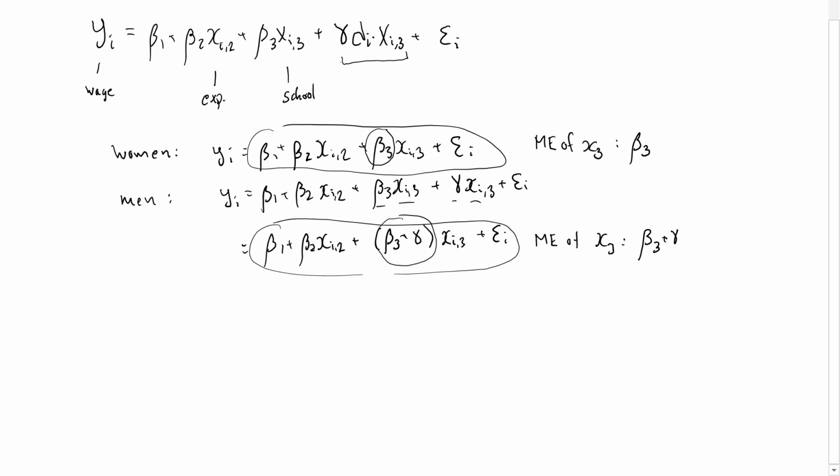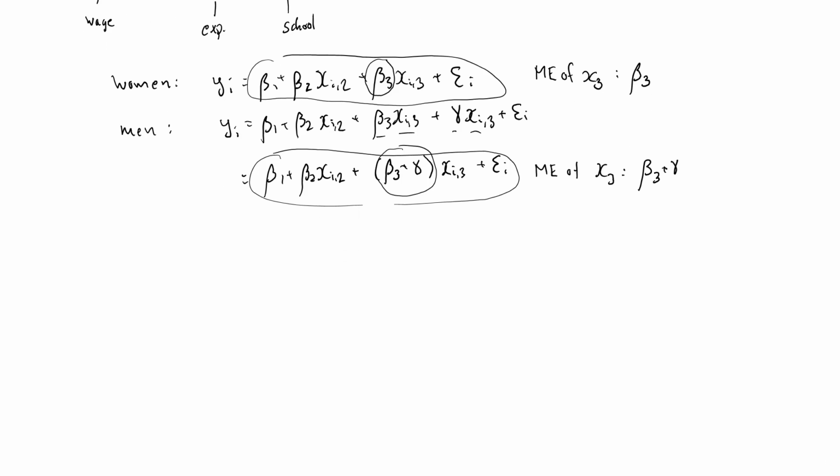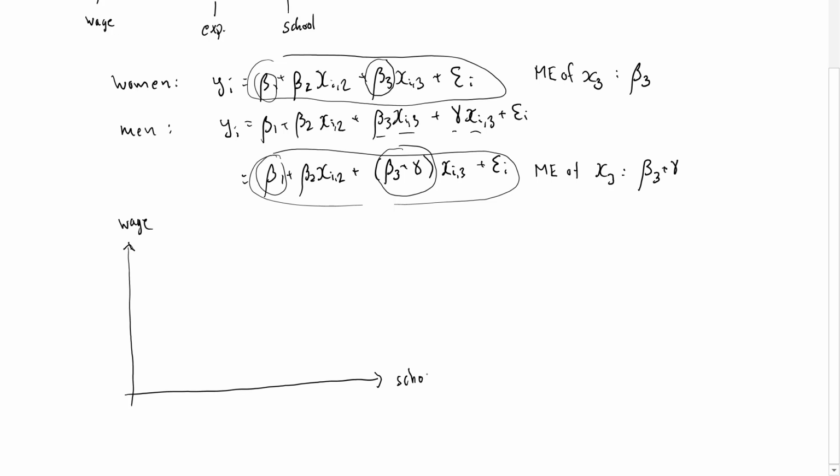If we draw a picture, we see that men and women in this model have the same intercept. So if I draw wage as a function of school, and I create this graph for a particular level of experience, so xi2 is fixed, then for women the slope is beta 3, so it looks perhaps something like this.